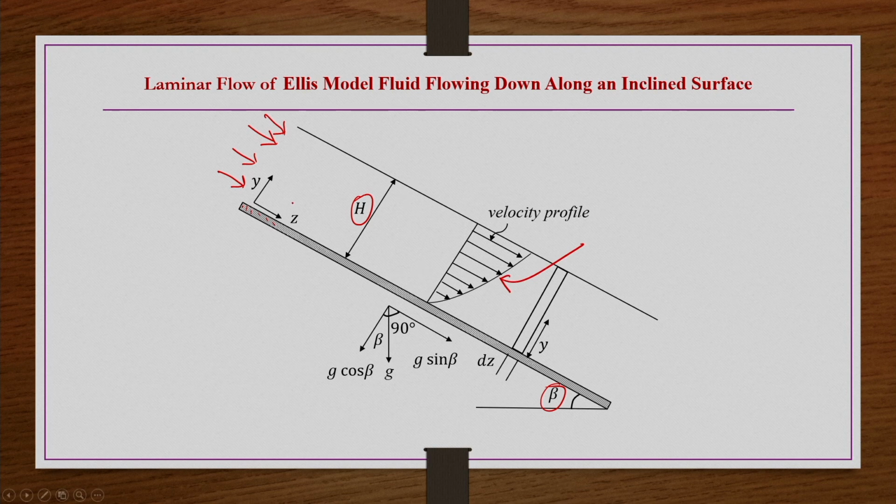On the inclined surface on which the material is flowing, the flow direction we are taking as z, and the other direction we are taking as y. So, here also Vz is a function of y, while the other components Vx, Vy are going to be 0, right. So, what is this velocity profile as a function of y, we have to get it. Now here the gravity is not completely horizontal, nor completely vertical.